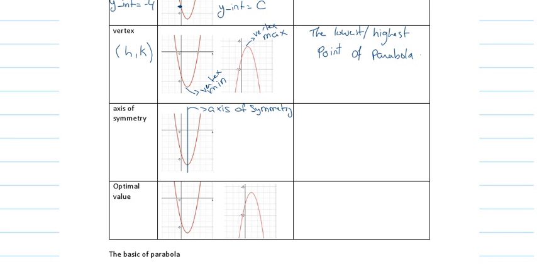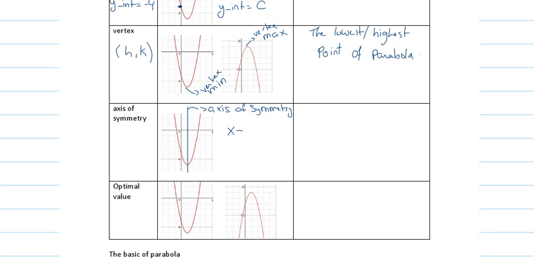It would equal to the value of the vertex. So let's say your vertex is like (h, k), right? So whatever h is, that is the same thing as the axis of symmetry because it passes through that point. Okay? So the axis of symmetry has an equation of x equals h.